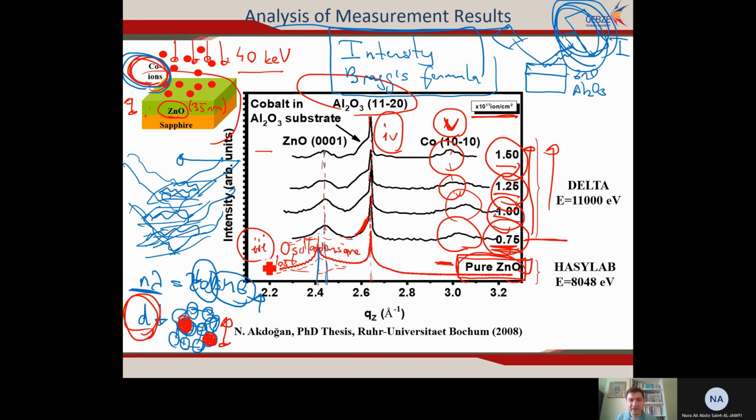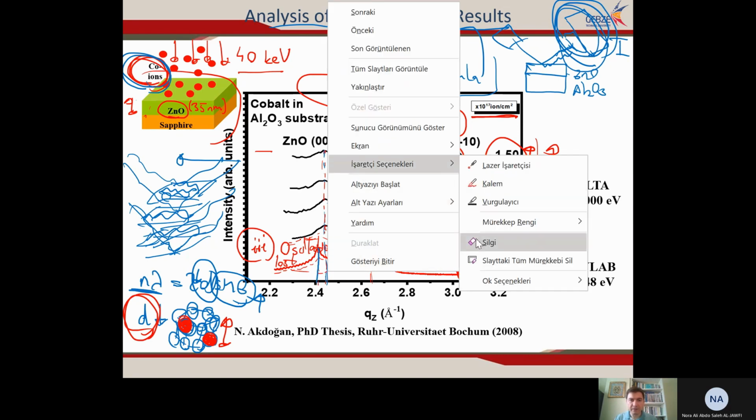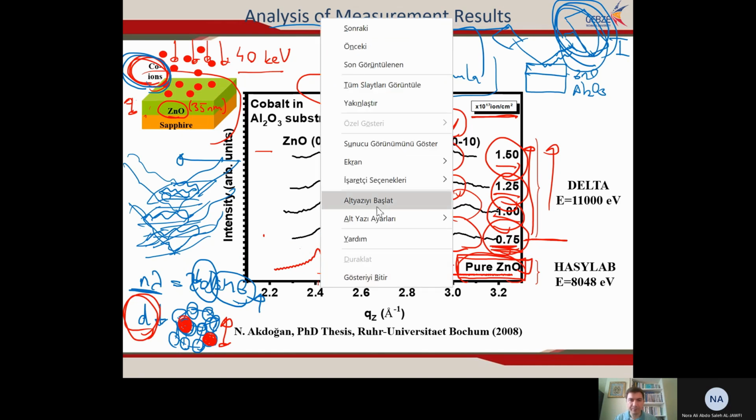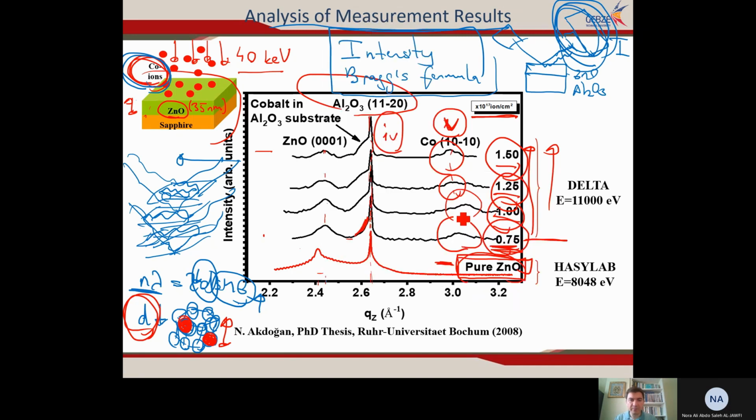Another piece of information: oscillations are lost. Here in the pure zinc oxide film, we have many oscillations. They show the crystalline quality of the material, but in the case of cobalt implanted films, we have no oscillations. So we have lost the oscillations.